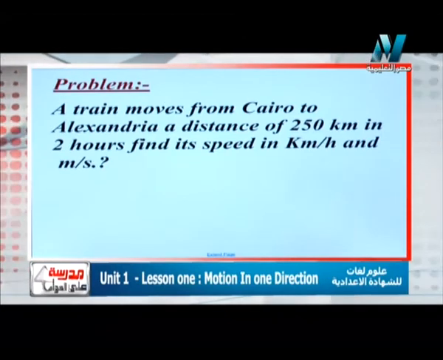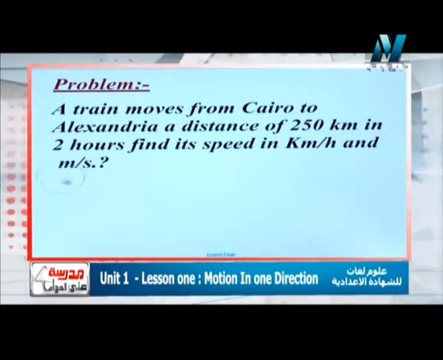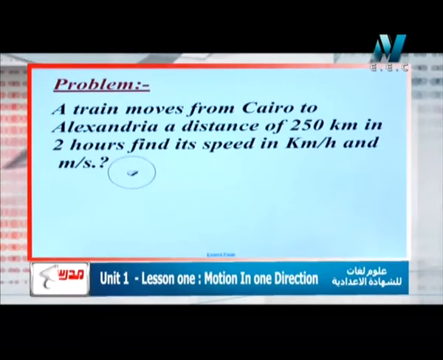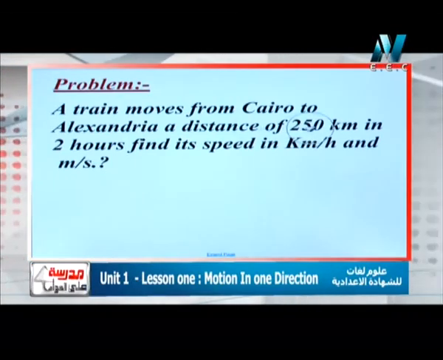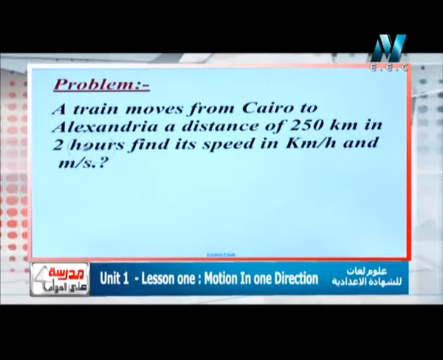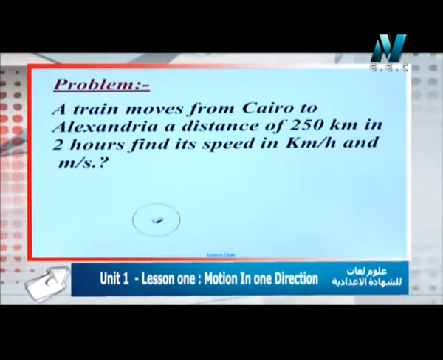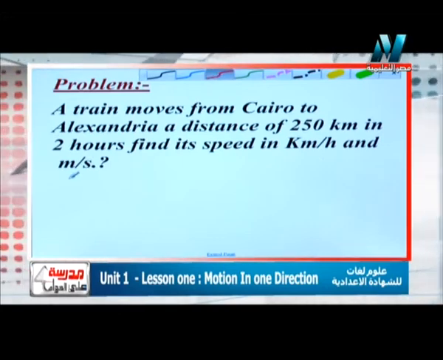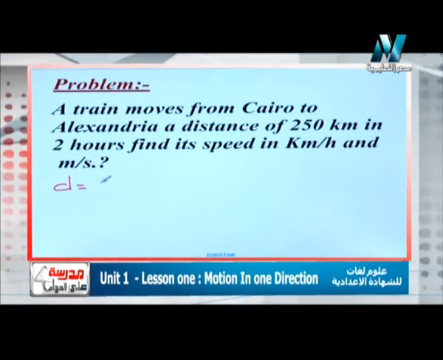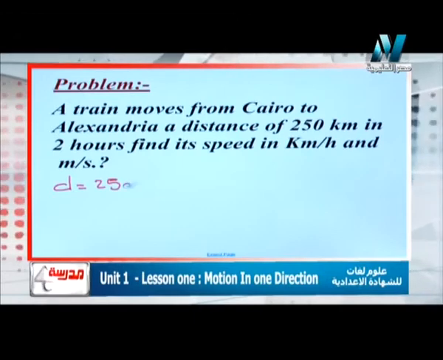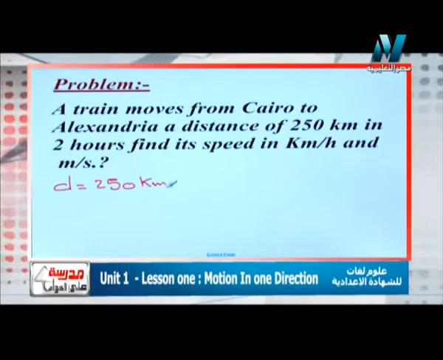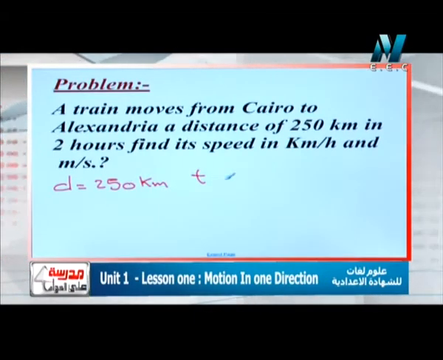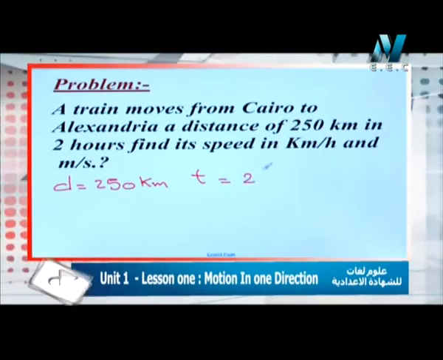How can we calculate this problem? As you see here, we have given in the problem the distance here, and here we have the time, as you see in front of you. We have distance and time. So I will do something very simple. D equals what? 250 kilometers. Time equals what? 2 hours.